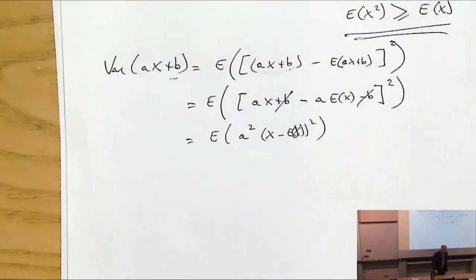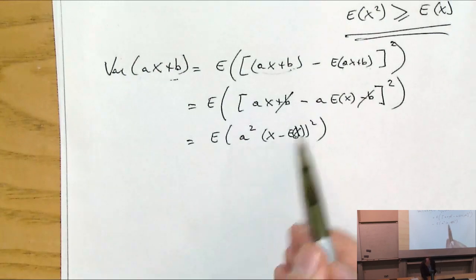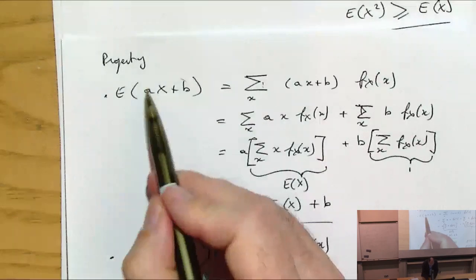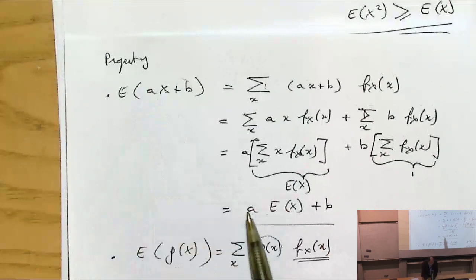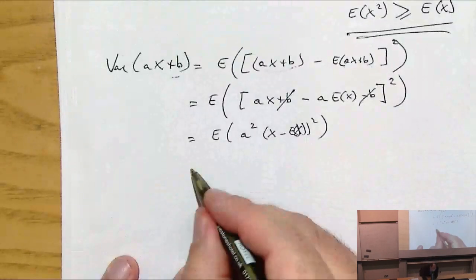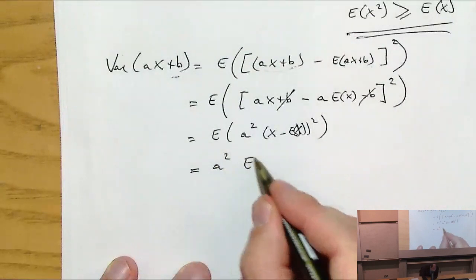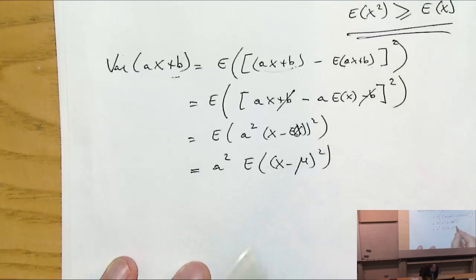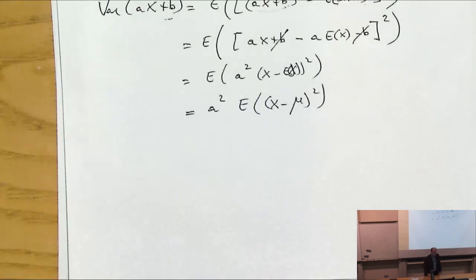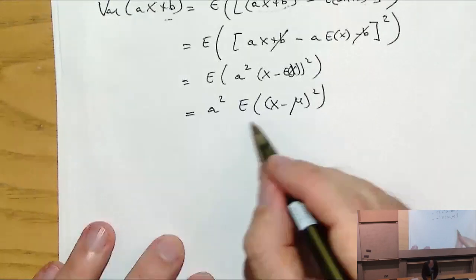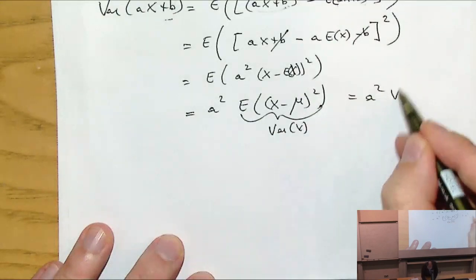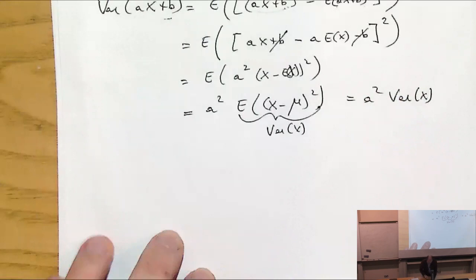Okay? So if you have a coefficient multiplied by something, this is the same as what we had here. This coefficient comes out, so this will be a squared times the expectation of x minus mu squared. And this is the variance of x: a squared multiplied by the variance of x.